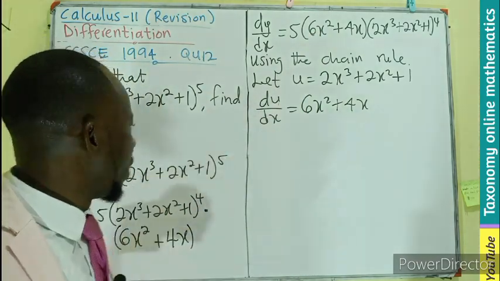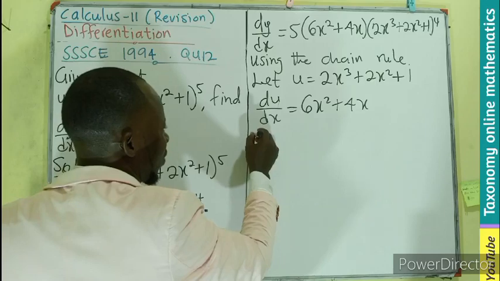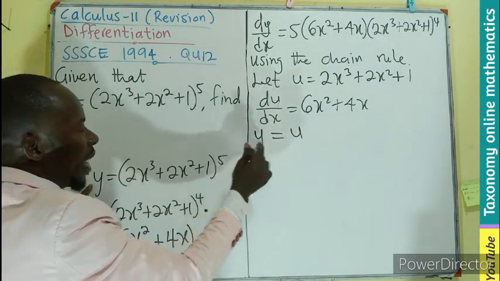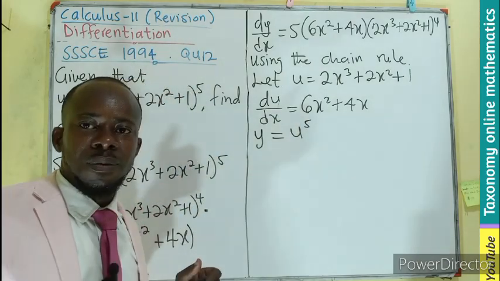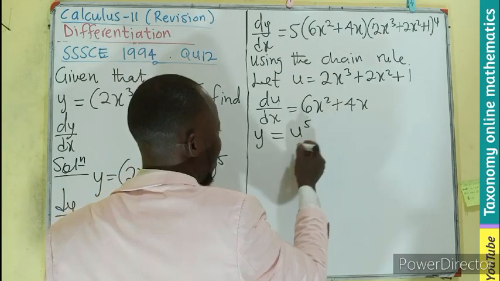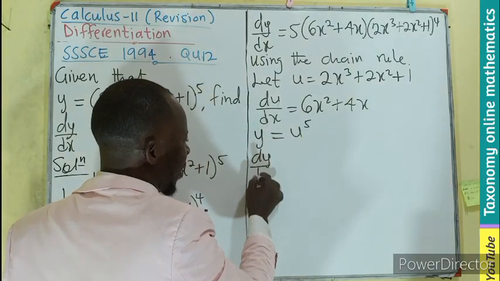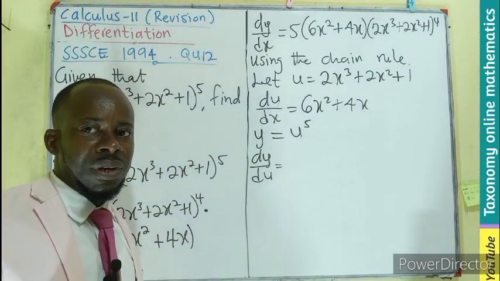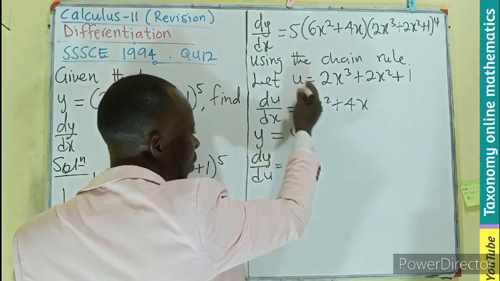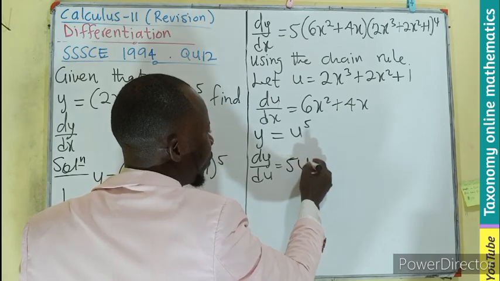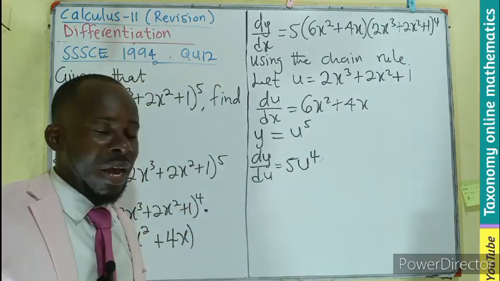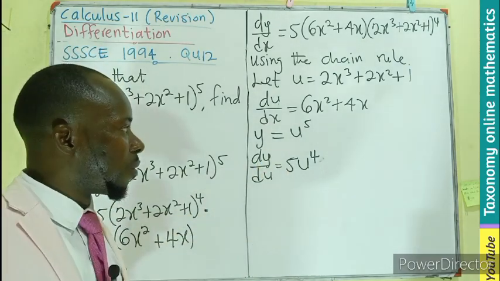Now if the bracket is u, then y becomes u to the power 5. We are doing substitution in this case. So we can also find dy/du, differentiation of y with respect to u. We follow the same approach: 5 comes forward, we reduce the power by 1, so we get 4.